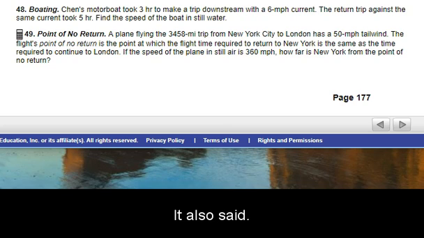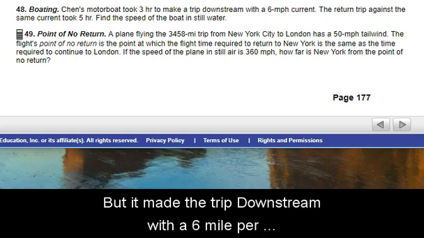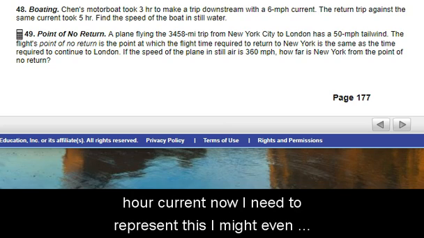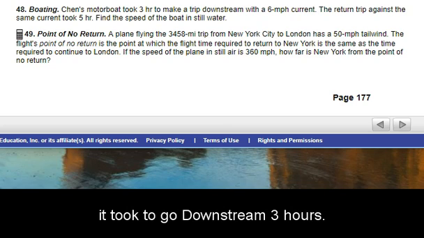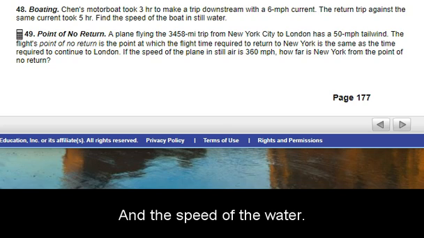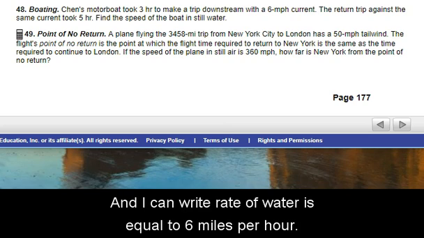It also said, if you continue reading, that it made the trip downstream with a 6 mile/hour current. Now I need to represent this. I might even put a lowercase d below the t to represent this is the time it took to go downstream, 3 hours, and the speed of the water, and I can write rate of water, was equal to 6 miles/hour.